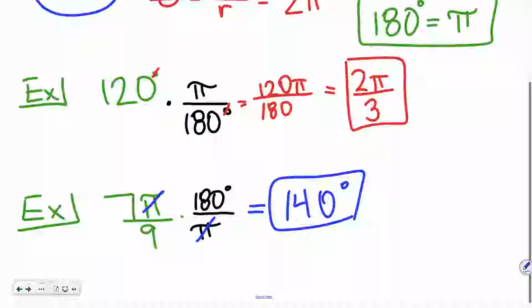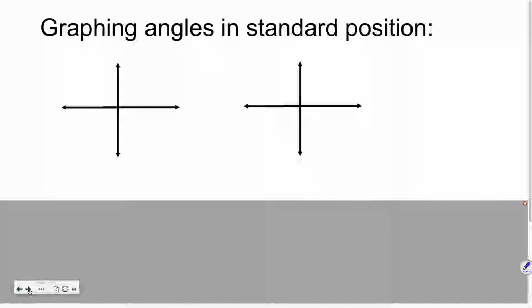Now we've been talking about angles. Let's talk about actually plotting them. Anytime we graph an angle in standard position, we want its initial side to be on the positive x-axis. Initial means that's where it begins.